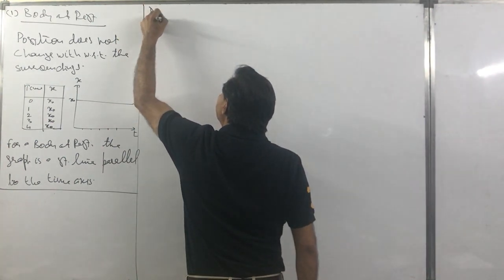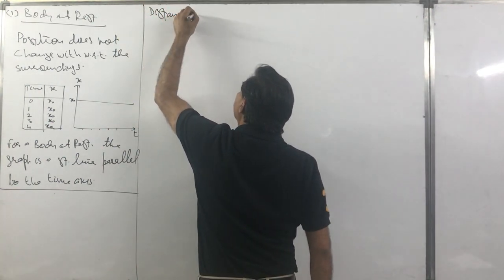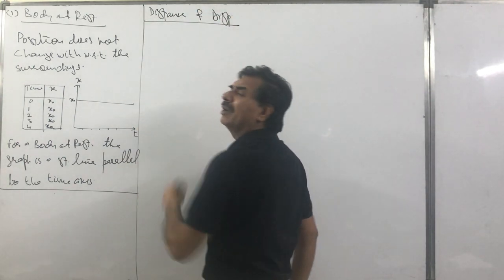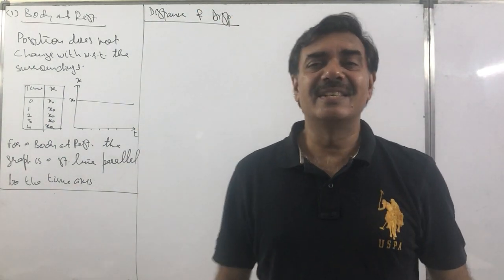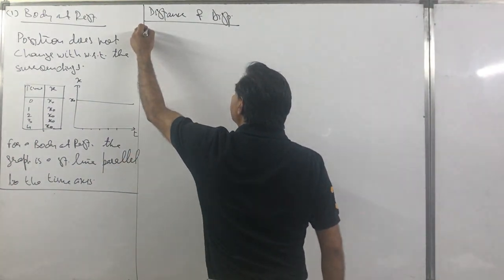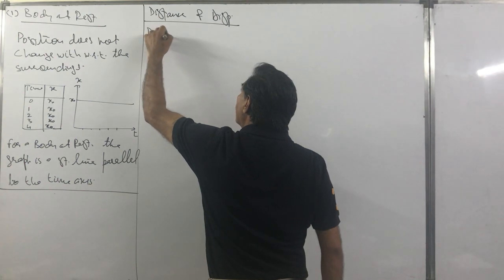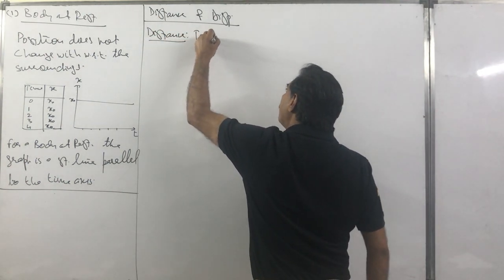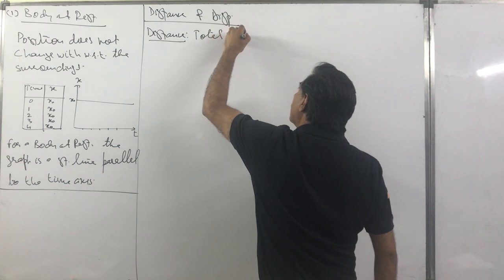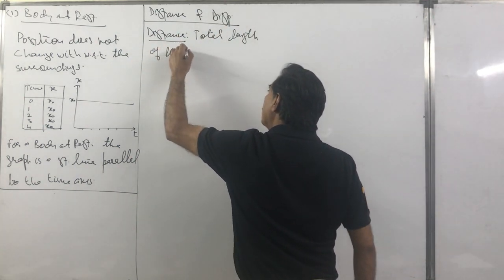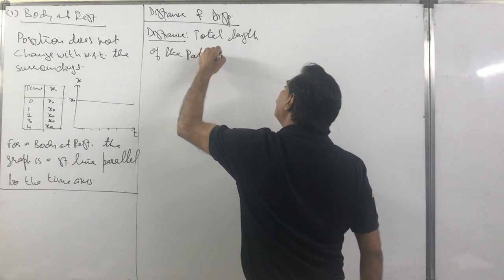Let us try to understand the difference between distance and displacement. As I told you, you have done this in your junior classes. Now, do not memorize, understand. Distance. I think you all know it. The total length of the path covered, the total length of the path traversed.